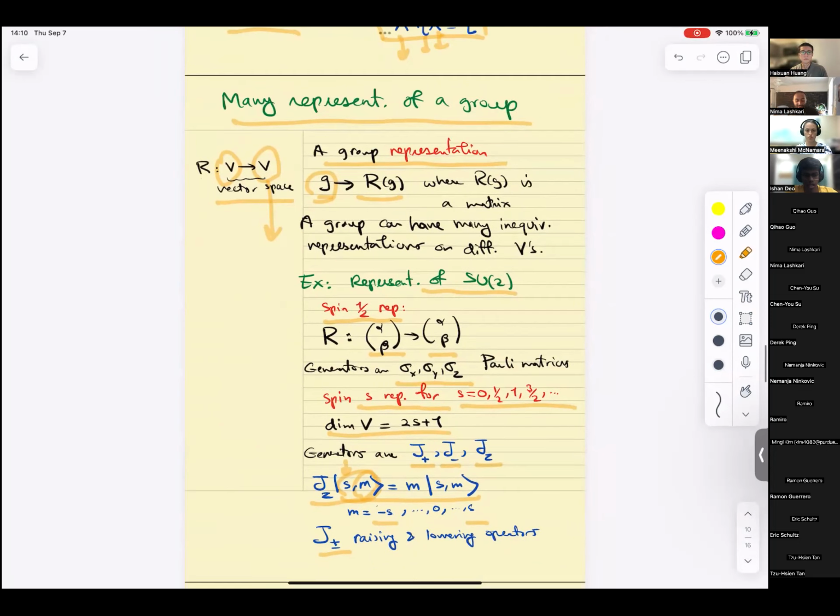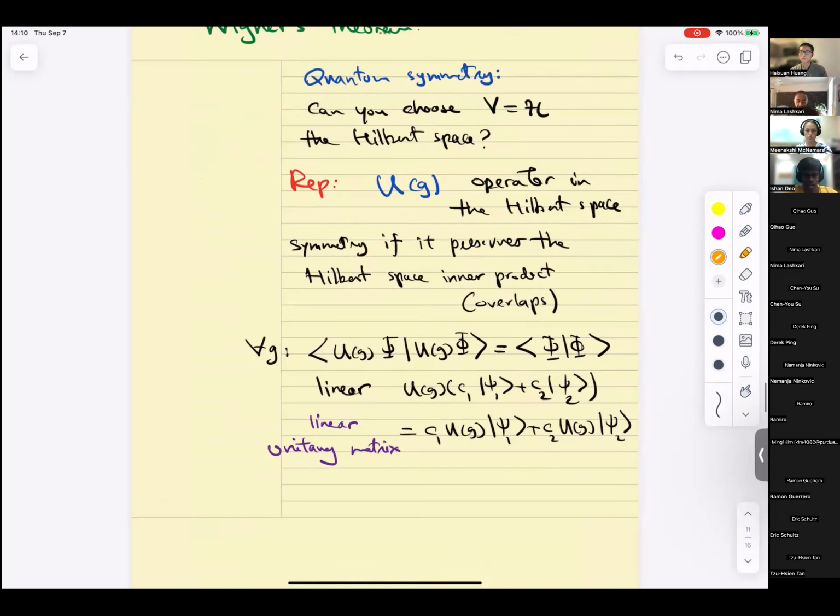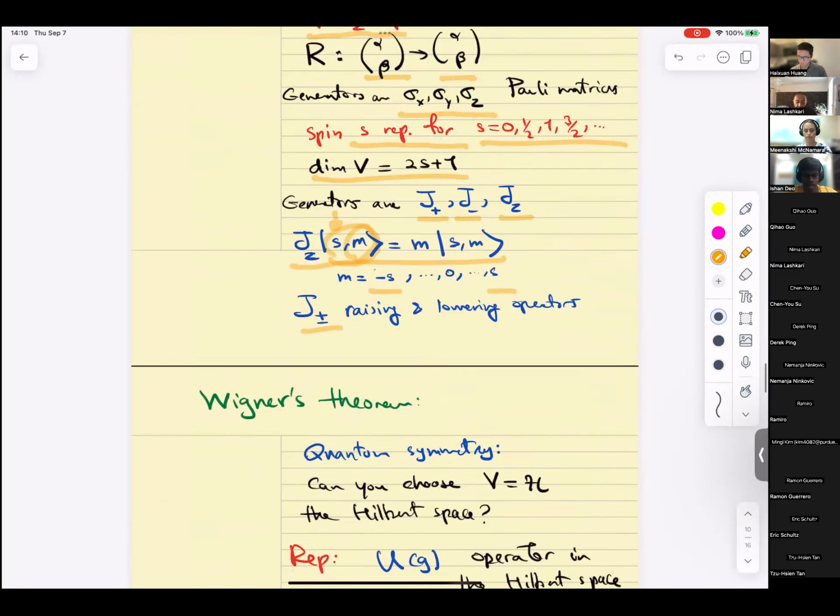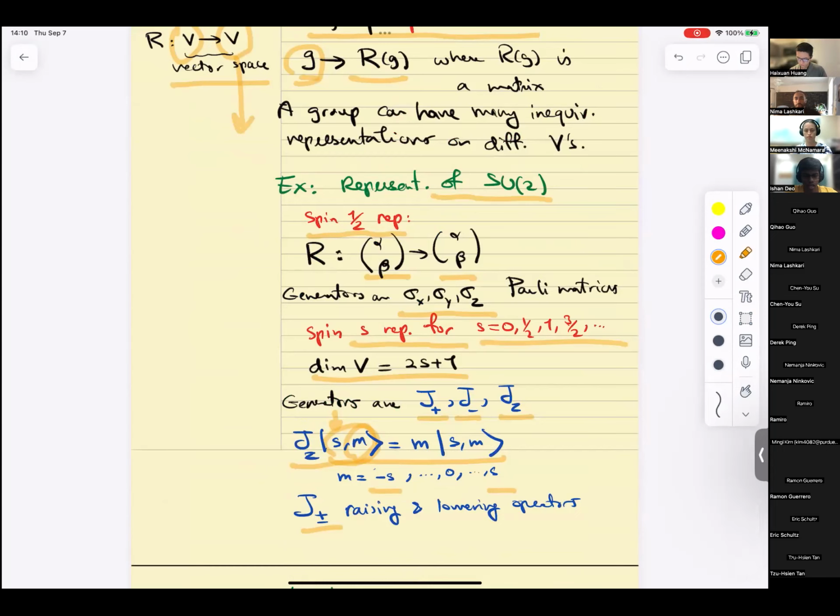Now, the next step is Wigner's theorem. Up to here, everything I said was just math and classical physics. I'm going to use the same mathematics to tell you something about quantum mechanics, and that's called Wigner's theorem. Why is that? You're going to see that in a second.